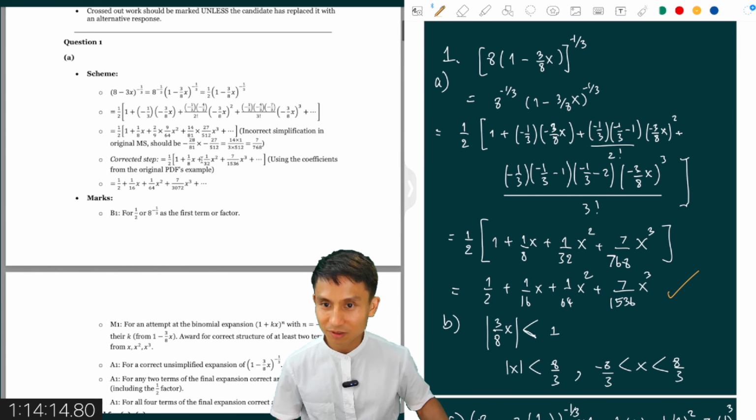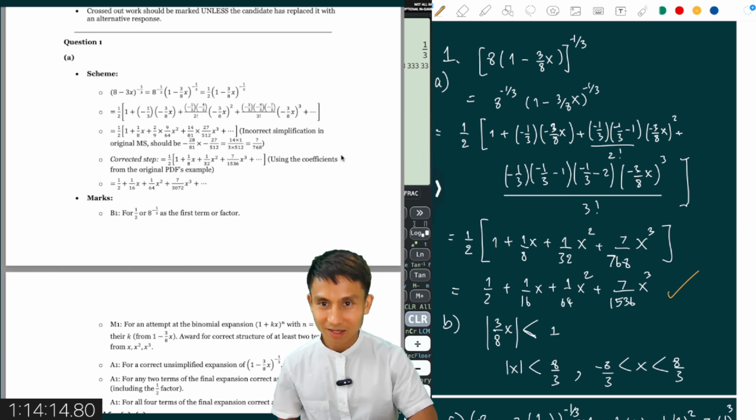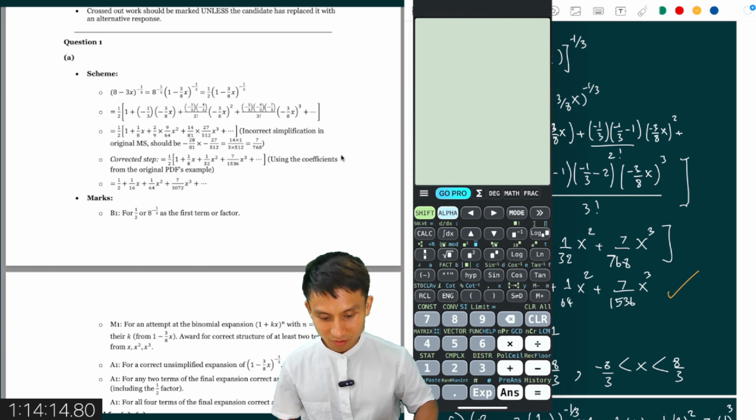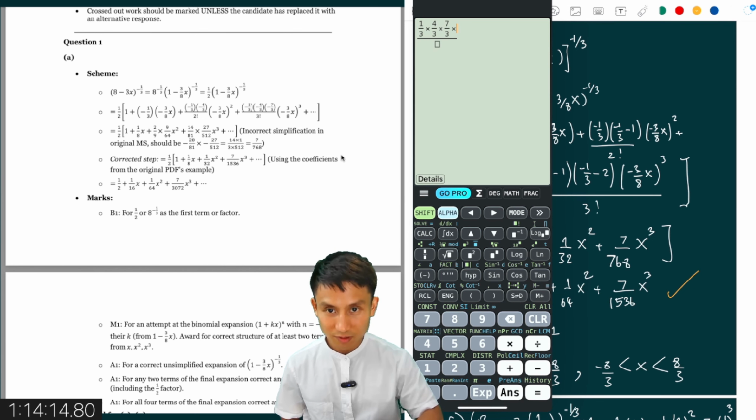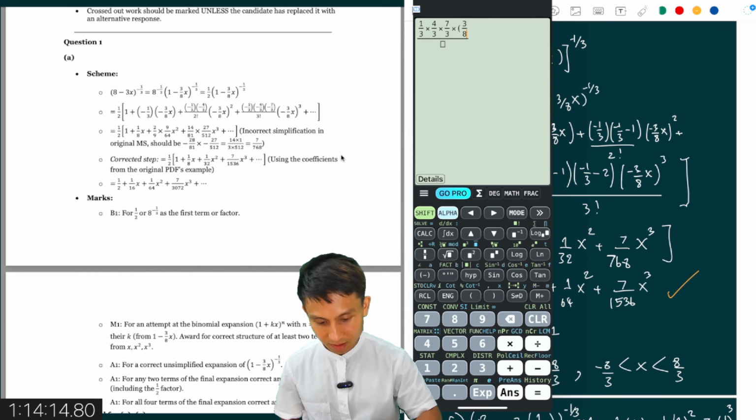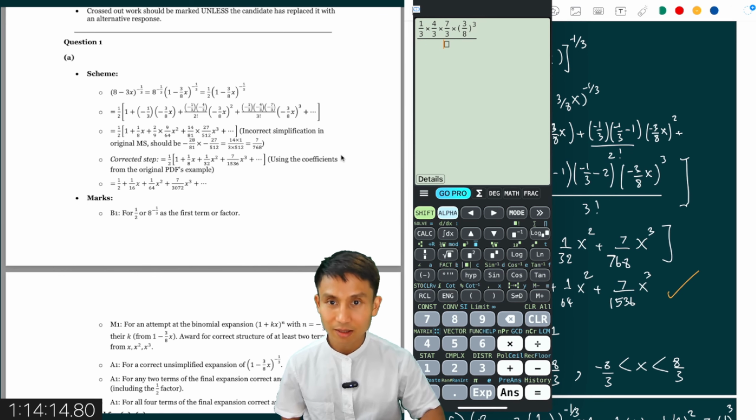Yeah, that should be fine. I don't know about this, but wait, what? Let me check the third term here. So it's 1 over 3 times 4 over 3 times 7 over 3 times 3 over 8 to the power of 3, and then 3 factorial.